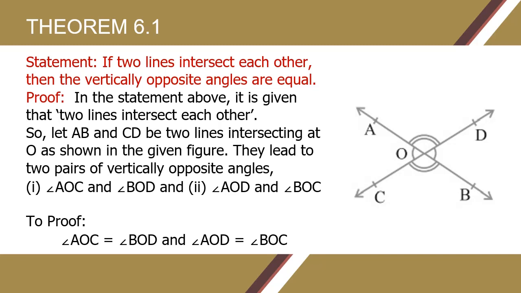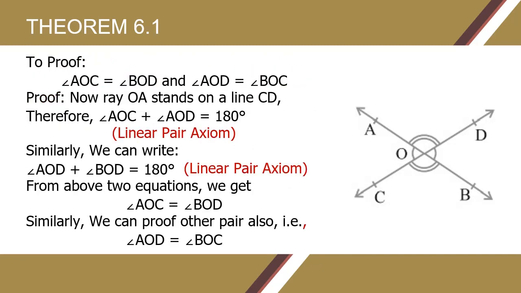Second pair is angle AOD and angle BOC. We need to prove that angle AOC is equal to angle BOD and angle AOD is equal to angle BOC. For proving this theorem, we need to use axiom 6.1.